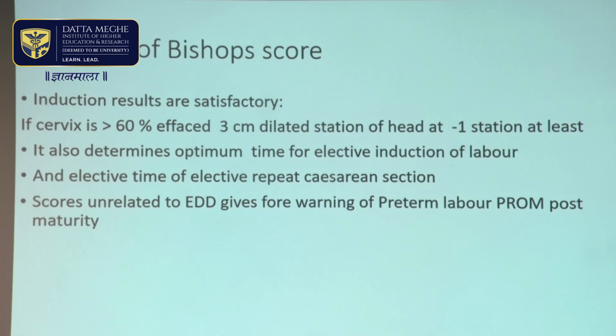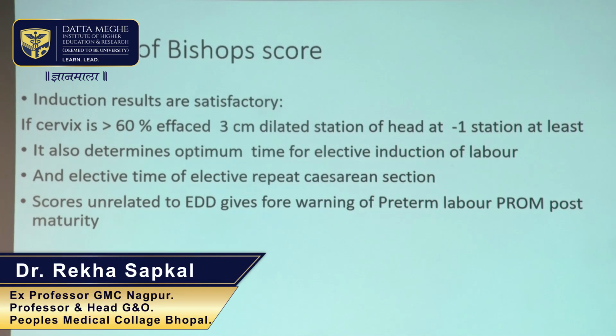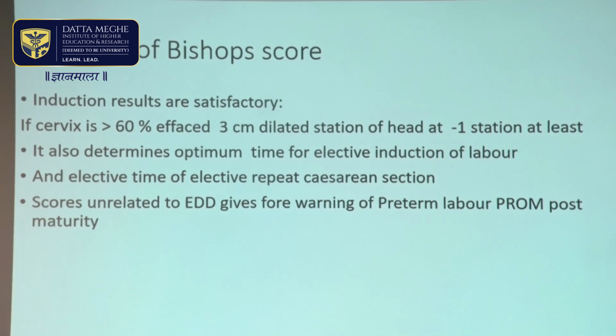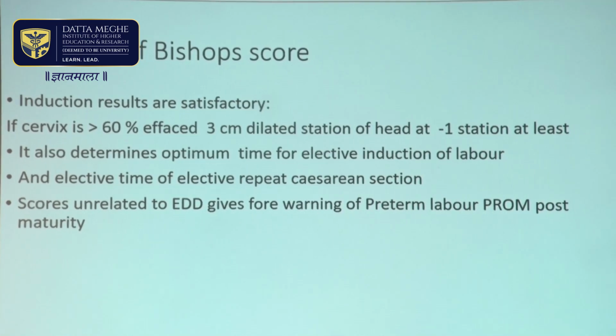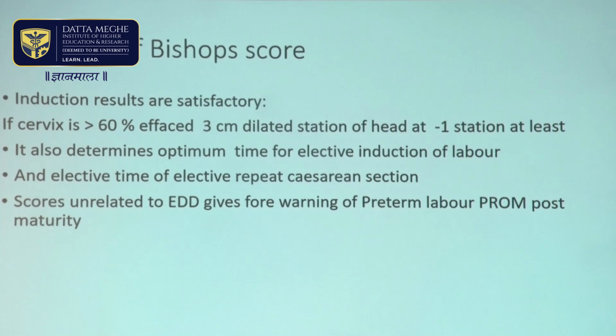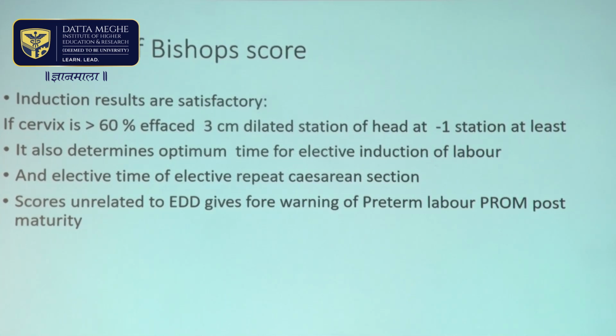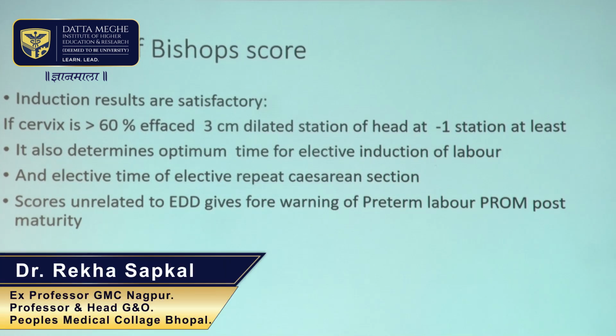Scores unrelated to the expected date of delivery give a warning of preterm labor, PROM or post maturity. It means the cervix is not ripened, meaning the patient is in preterm labor or may not be in labor. So, we can correlate our findings whether the patient is near the expected date of delivery or not in different conditions like preterm labor, PROM, post maturity.